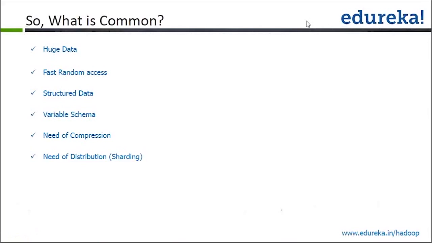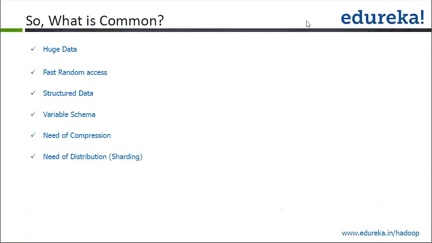Apart from that, if you recall our Hive discussion from last week, Hive is an interface on top of Hadoop, and using the Hive interface you can create tables, insert data, and retrieve data.